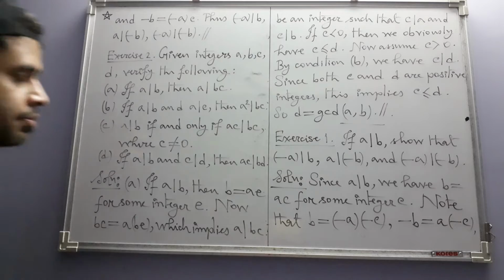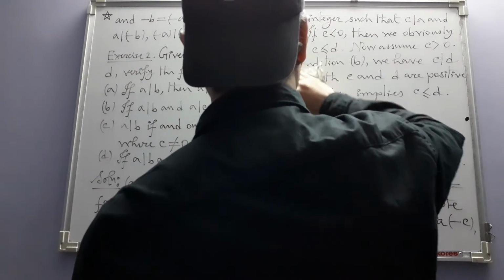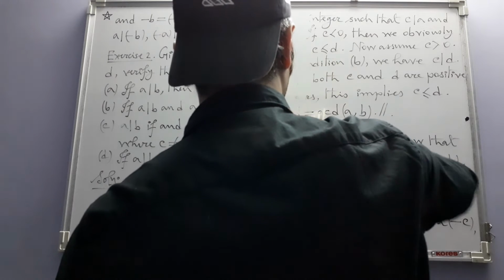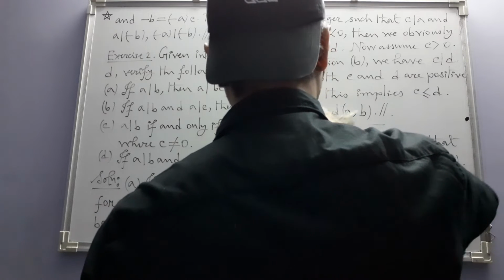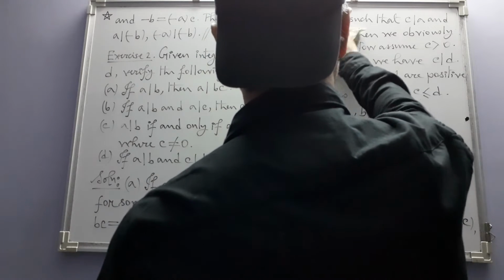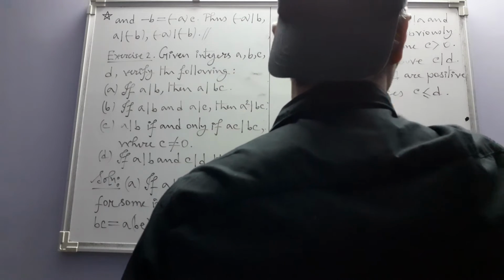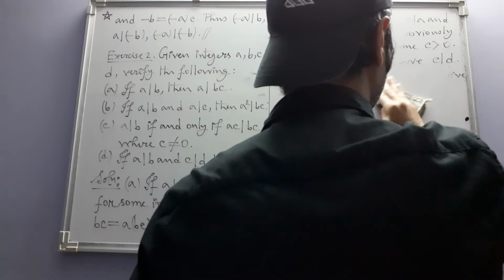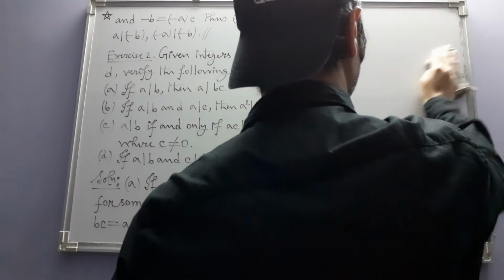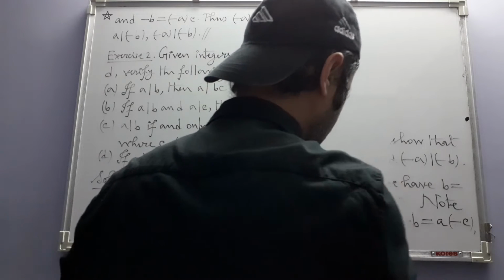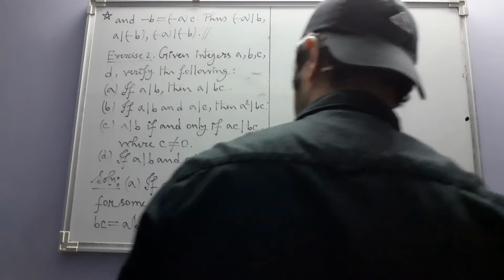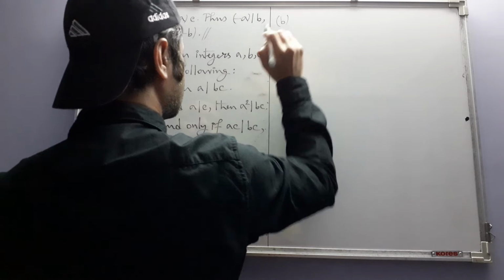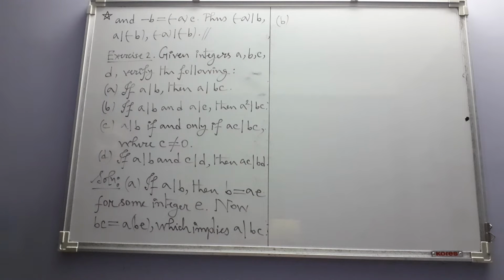That's part A. Then part B. If A divides both B and C, then A square will divide BC.